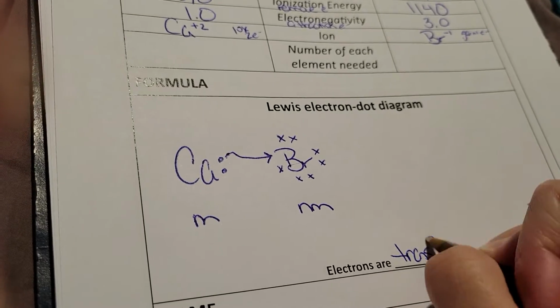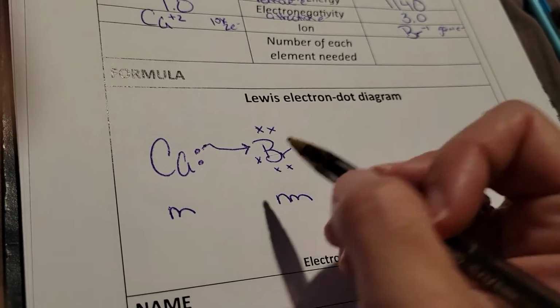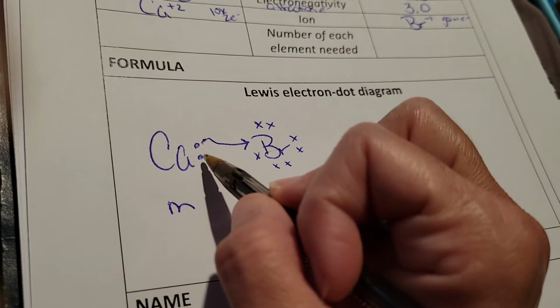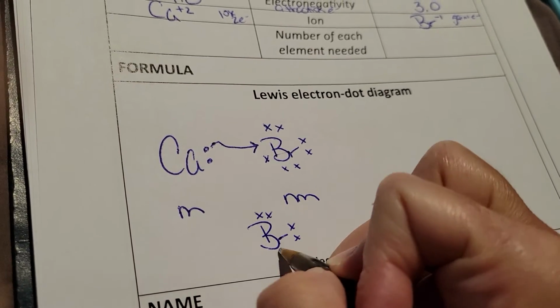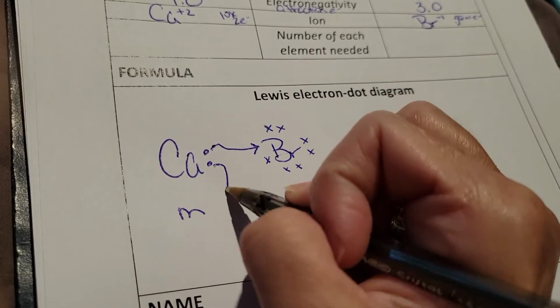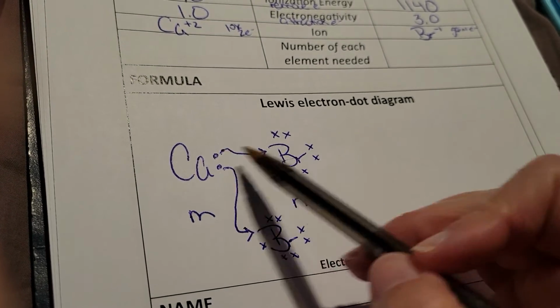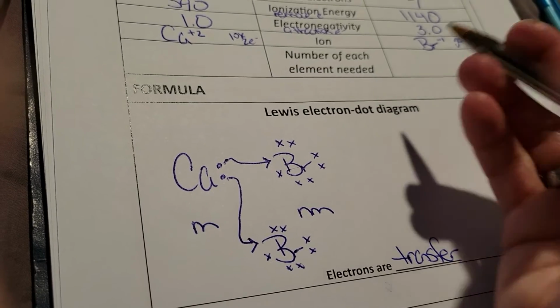They're going to transfer or donate or give an electron. So now this bromine is happy. It has all 8, but this calcium still has an extra one. So we're going to need another bromine to come along. And now this calcium is going to give 1 to that bromine. So both of the calcium's electrons are now donated. Calcium's happy, and each bromine got the one that it needed.